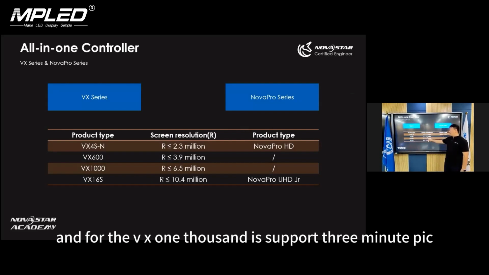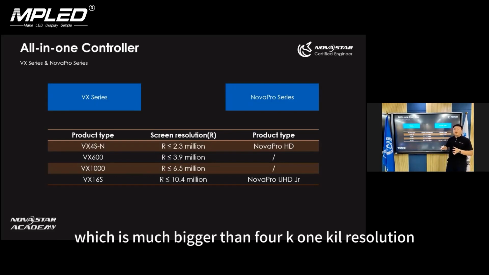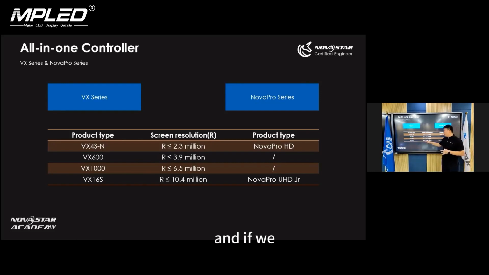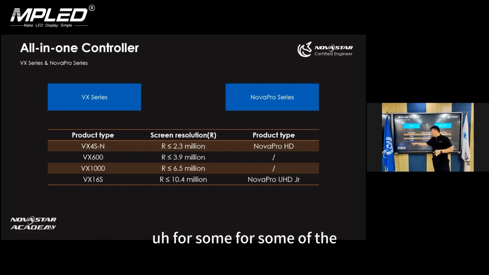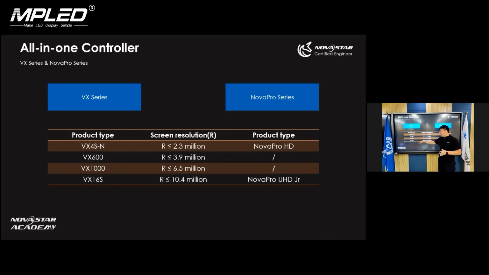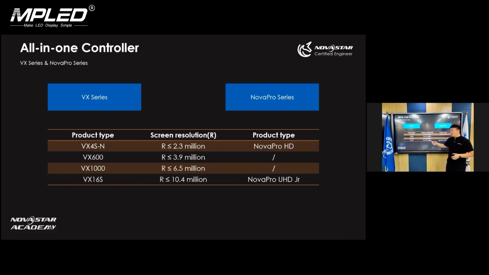And the VX1000 supports 6.5 million pixels, which is much bigger than the 4K 1K resolution. If we have a 4K screen, we can just use the Nova Pro Junior. For some markets, we also have the VX16S, which is also a 4K all-in-one.